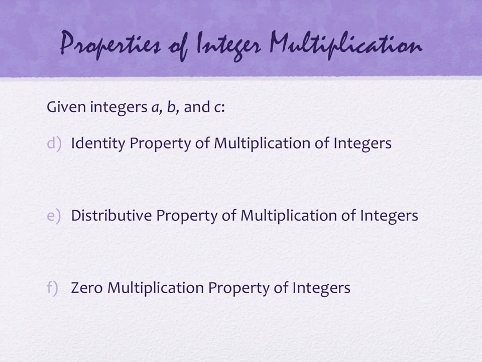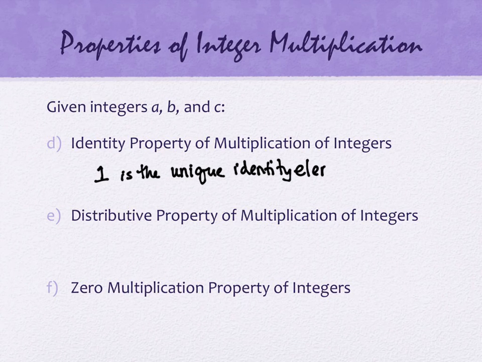So 1 is the unique identity element, and the reason is because 1 times any number A is the same as A times that 1, and it is equal to A.